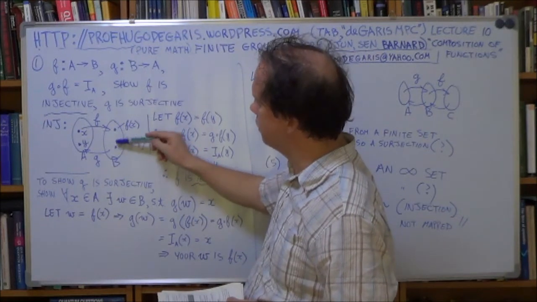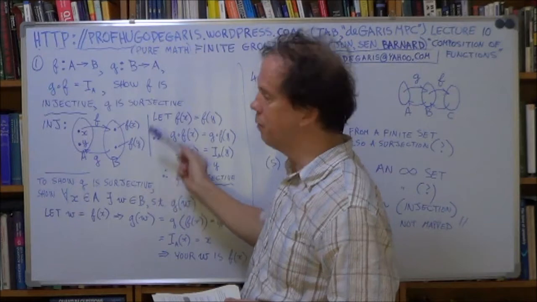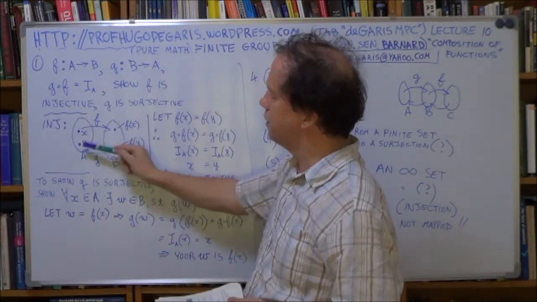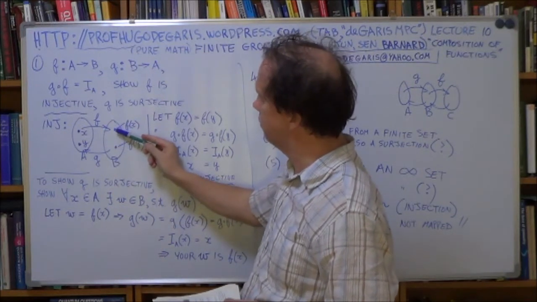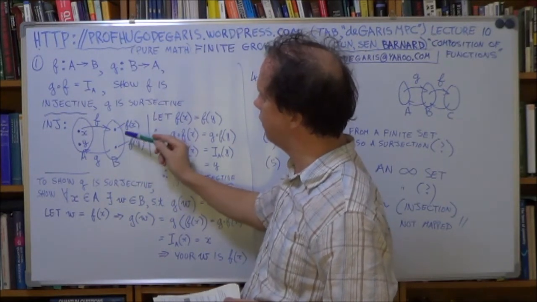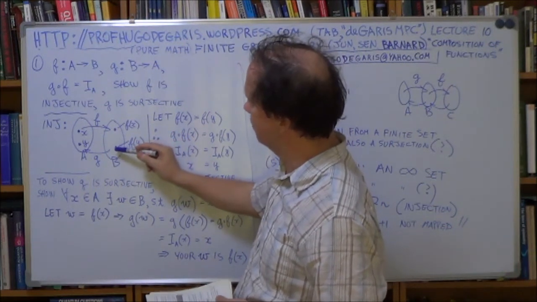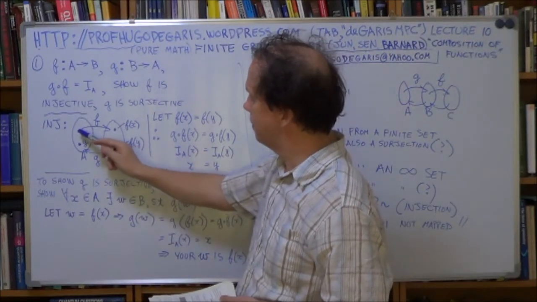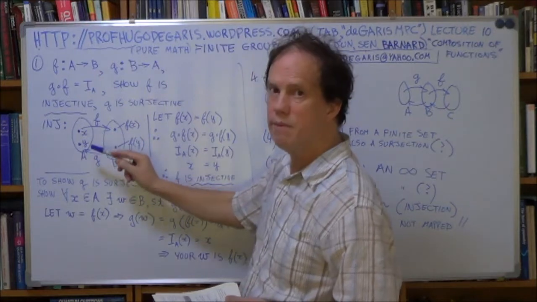Let's assume that F of X equals F of Y, and then we have to show that X equals Y. Because if X and Y are different, then you've got 2 points mapping to the same value, F of X. If F of Y equals F of X, these two points are effectively the same point. But if X and Y are different, then you've got a 2-to-1 mapping.